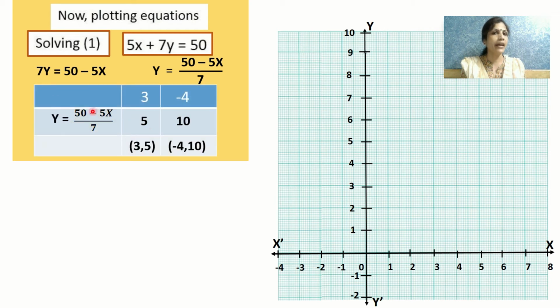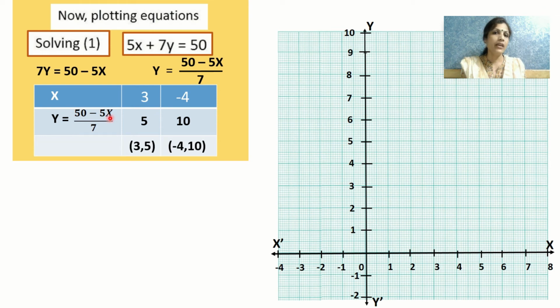So we have x coordinate and y coordinate. Now when you have the value of y in the form of a fraction, you have to be very careful in selecting the values of x. This is because you will select the values in such a manner that the y coordinate should not come in decimal points or in fraction.